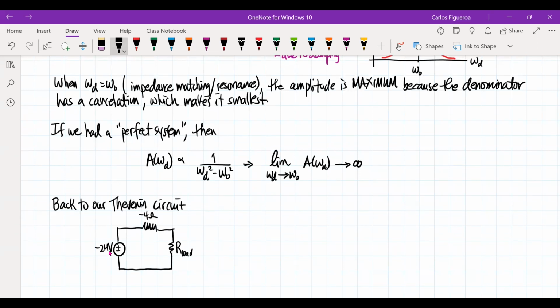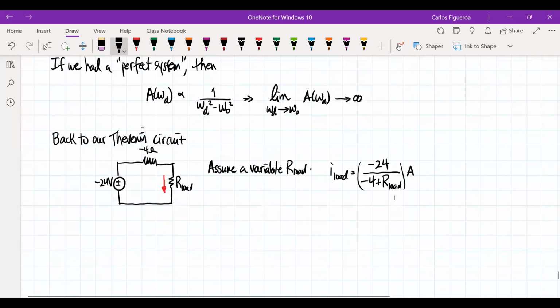Now, I'm going to assume a variable R load. If I calculate the current of this load, it's going to be minus 24 divided by minus 4 plus R load, in units of amps.